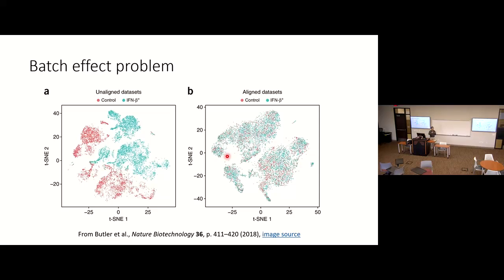If you see a clear separation, it could be technical batch effects, and you want to correct for those. In this example, we have a control and cells treated with a TNF beta treatment, and those cells changed position in the embedding. Clearly, the red cells and the other cells are in different locations. That's because of a global shift of gene expression from one state to another.